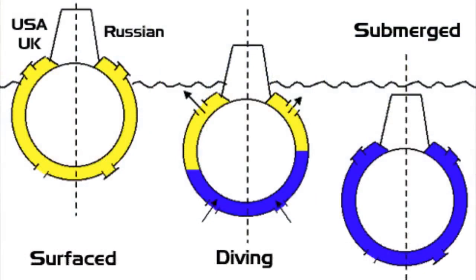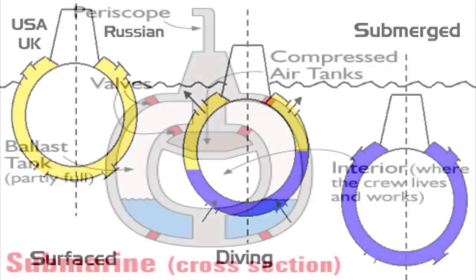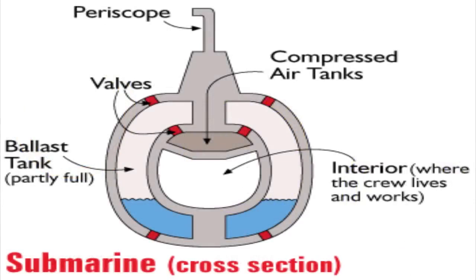Depending what depth they wish to dive, sailors simply adjust the ratio of air and water in the tanks, and when ready to resurface, they blow compressed air into the tanks, forcing the seawater out, lowering the density, and thus causing them to rise back to the surface. We can also prove this fact of relative density by filling a plastic balloon with approximately half helium and half air.